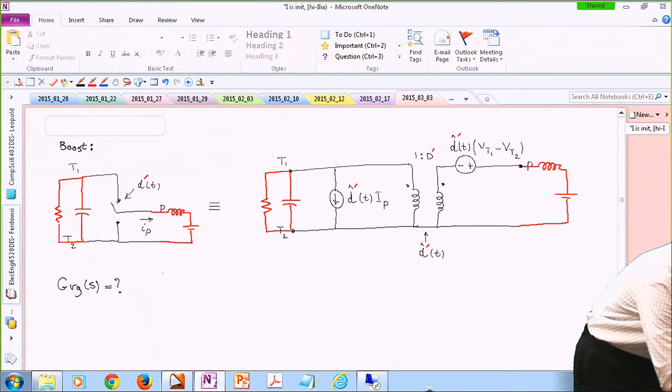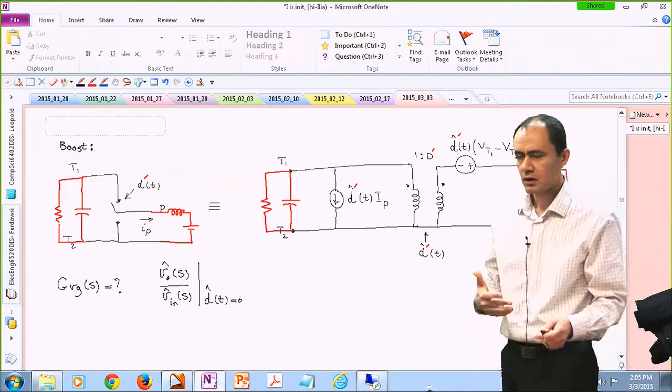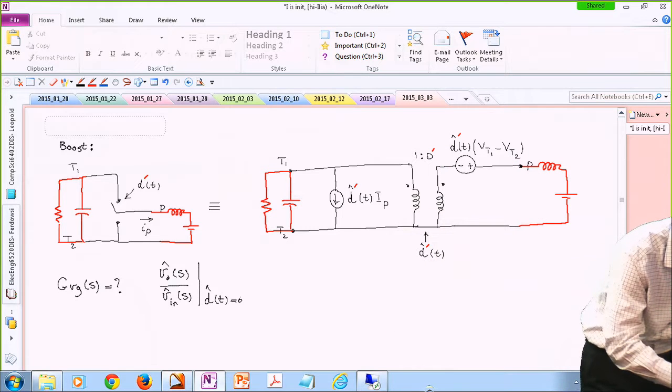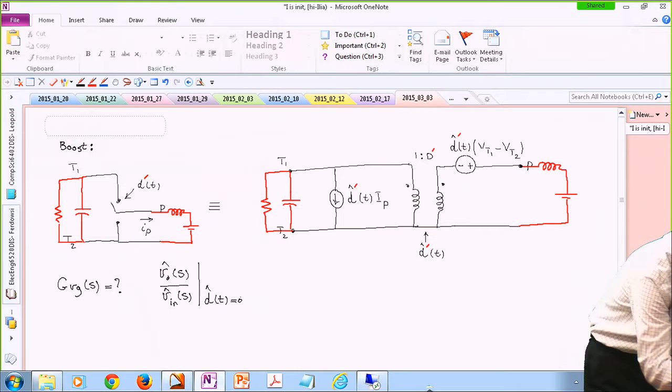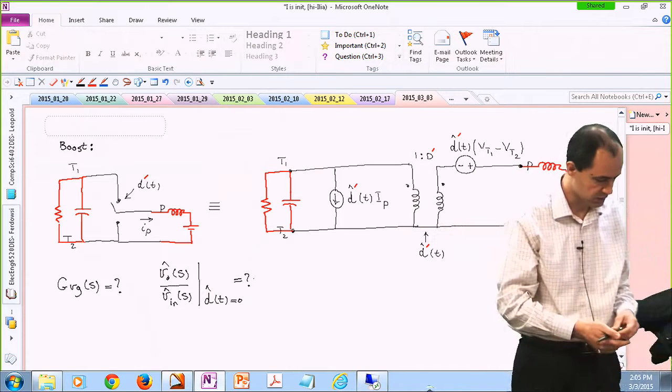So remember, it is defined as, in these models, we are not really perturbing the load, so we don't have to worry about perturbing the load. But if the duty cycle is not perturbed, how is it that the perturbations in the input voltage appear in the output voltage, basically? So that is all about the audio susceptibility.